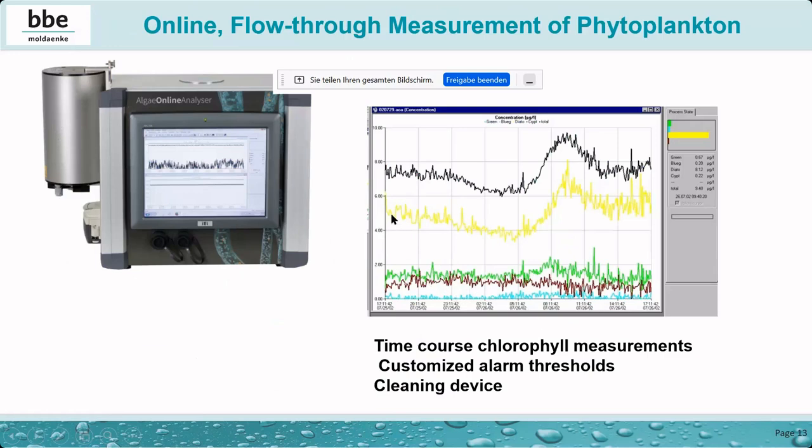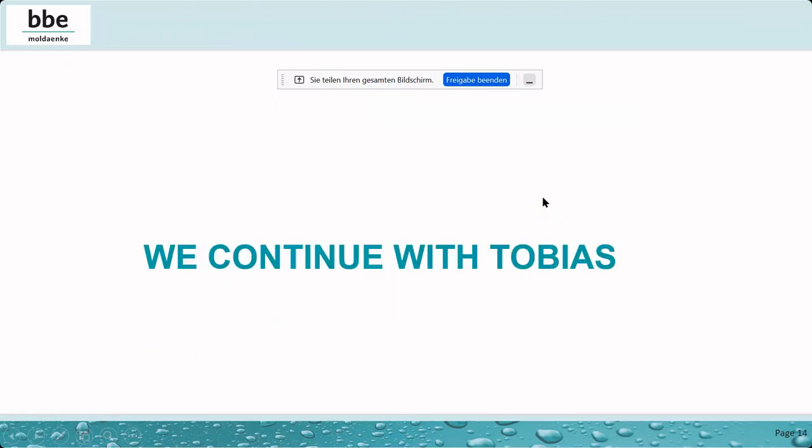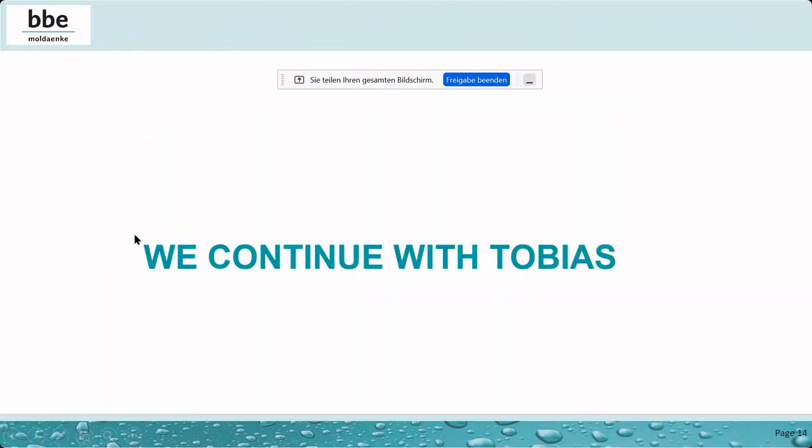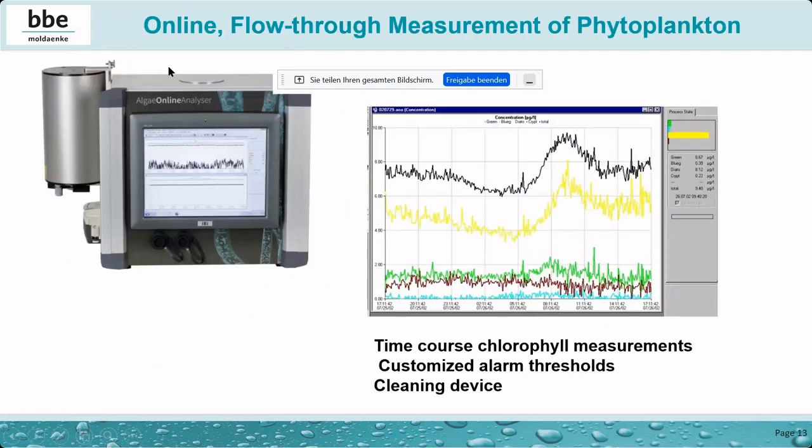And what you see here are the diatoms, and you see the total chlorophyll content and the green algae. So you have a time course, uninterrupted measurements of these algae and cyanobacteria that flow through this sensor. And for improvement of the measurement, we have also a cleaning device included.